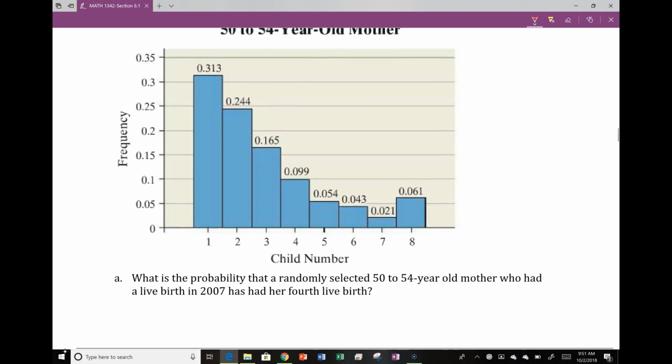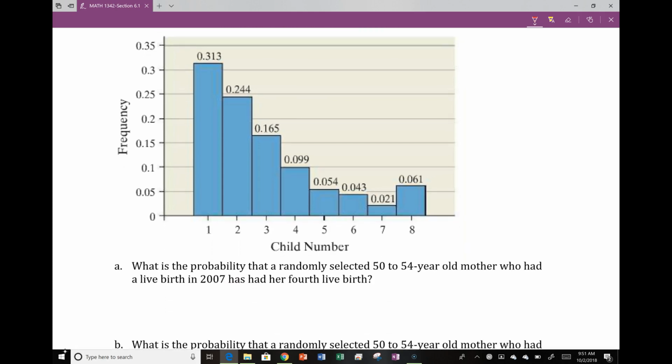So looking at this particular table, what is the probability that a randomly selected 50 to 54-year-old woman who had a live birth in 2007 has had her 4th live birth? So that means that this was child number 4. So this is the probability of it being 4, which is right here, 0.099.